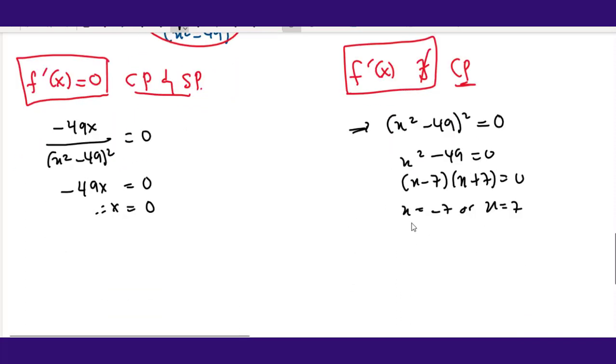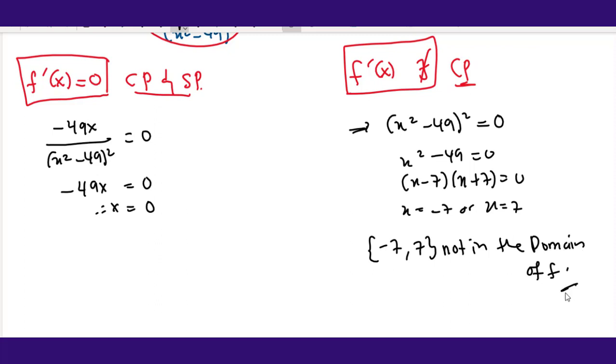But negative 7 and 7 are not in the domain of f, so we cannot say these are critical points. Therefore, x equals 0 is the only critical point.